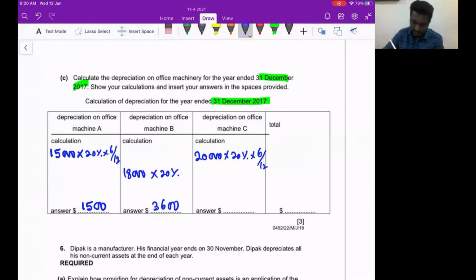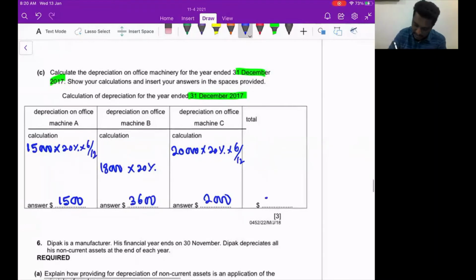We only use it for 6 months. I get 2,000. So we add together 1,500 plus 3,600 plus 2,000. I get 7,100. That's my total depreciation for the year 2017.